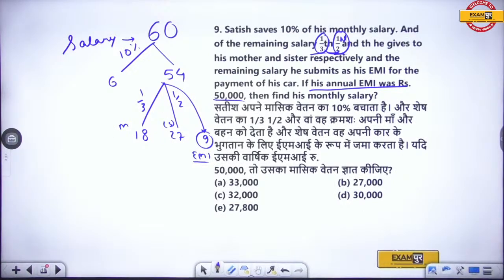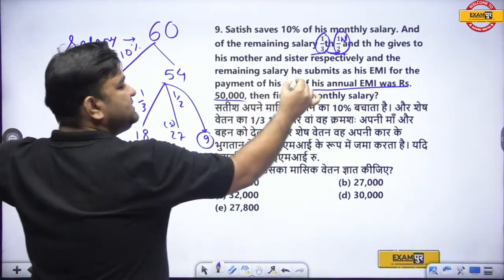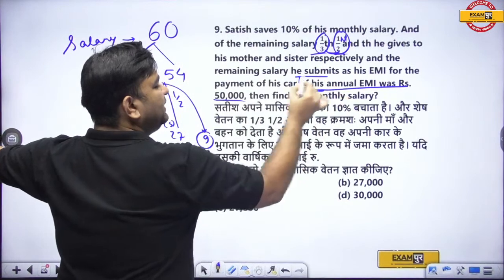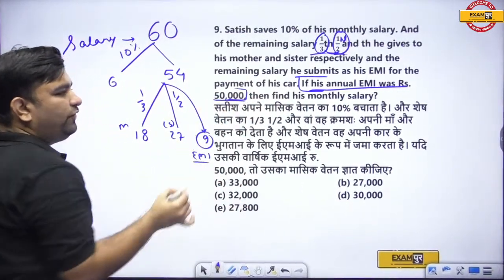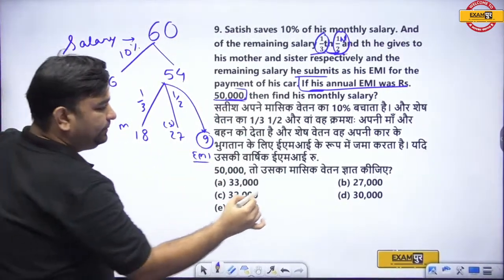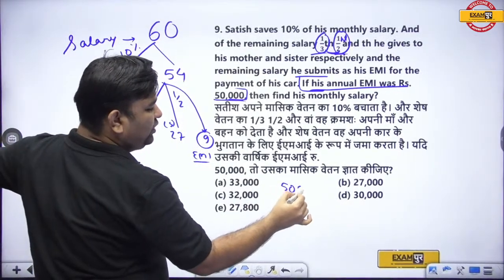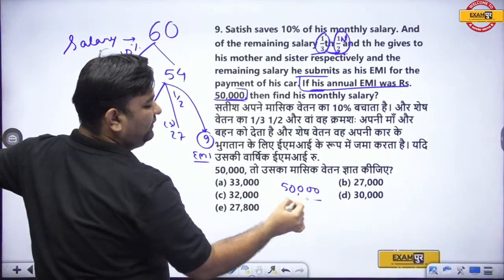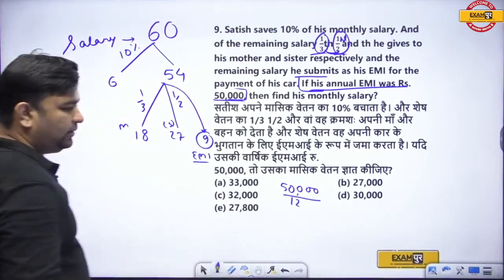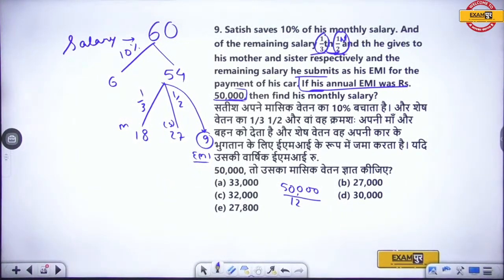Now his annual EMI is 50,000. This is his annual EMI, not monthly EMI. So we have to find out his monthly EMI. So monthly EMI is going to be 50,000 divided by 12.